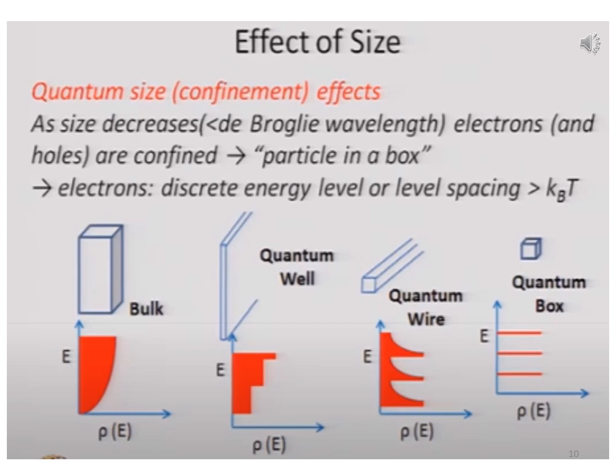In bulk material, the energy of the electron changes with the density, which is the number of electrons per unit change in energy, or the energy difference between E and E plus delta E. So what is electron density? This is a small change in the energy. It is plotted here, called rho, on the x-axis, and energy is plotted on the y-axis.